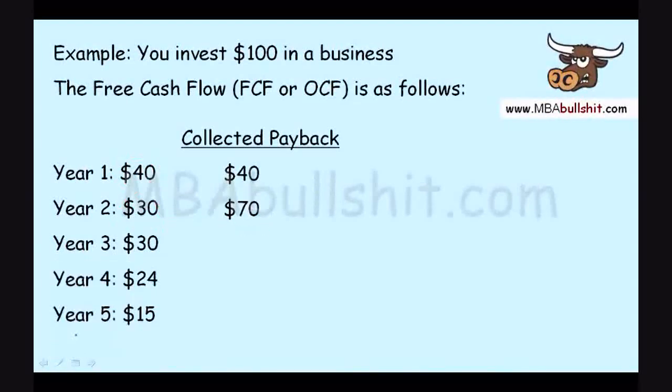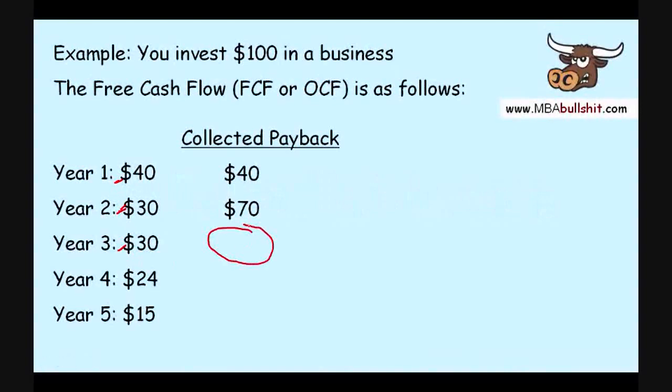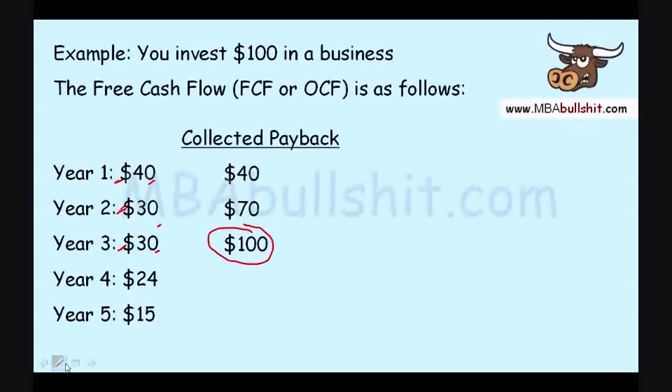Now, what is the collected payback in year 3? Same thing: 40 in the first year, plus 30 in the second year, plus 30 in the third year. So your collected payback over here is $100. 40 plus 30 plus 30 equals 100.